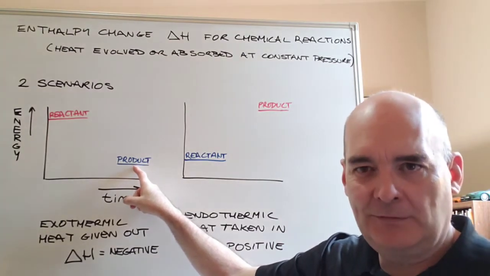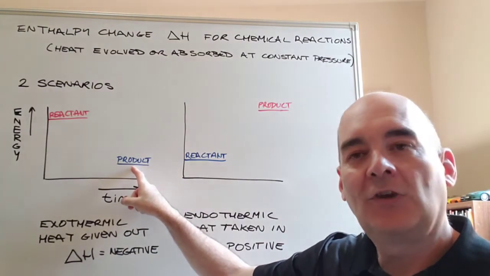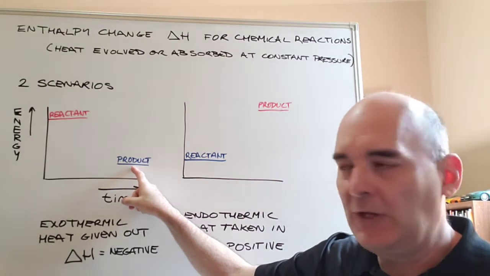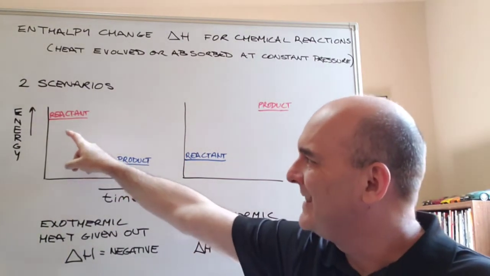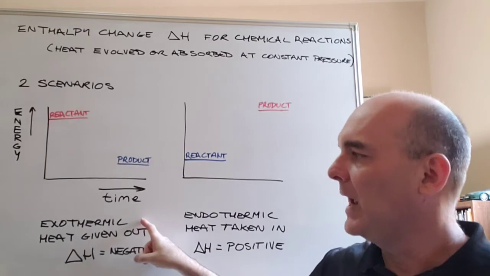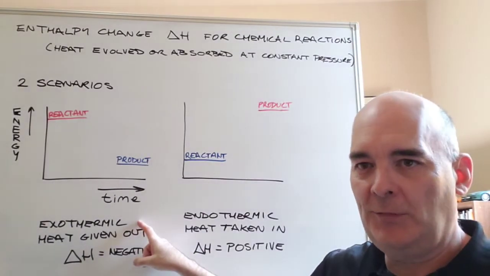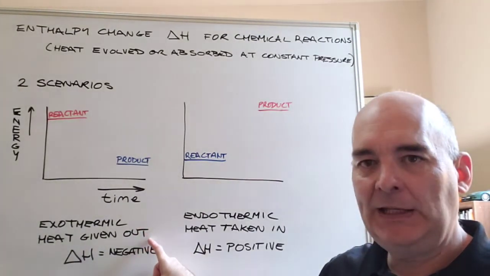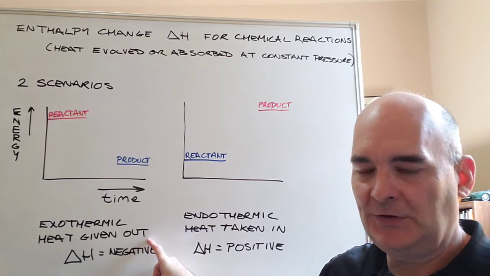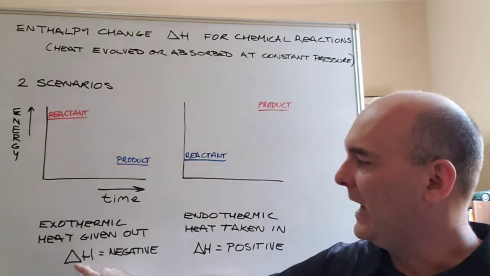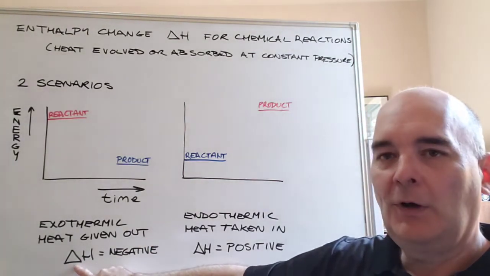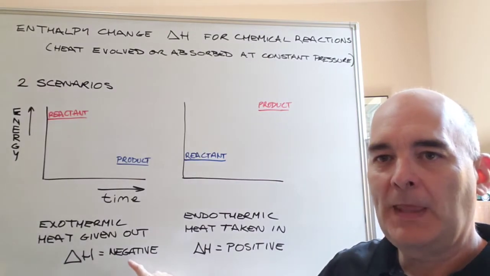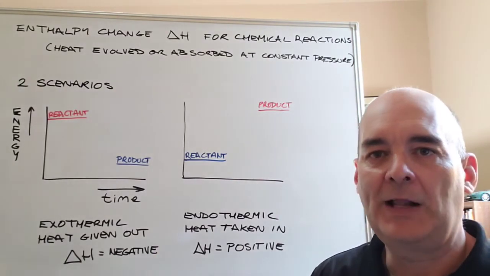Because energy cannot be destroyed. It's lost to the surroundings, to the environment. In this case, this reaction is exothermic. Energy as heat is given out to the surroundings, and our value of enthalpy change has a negative value.